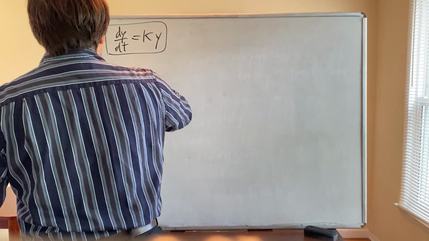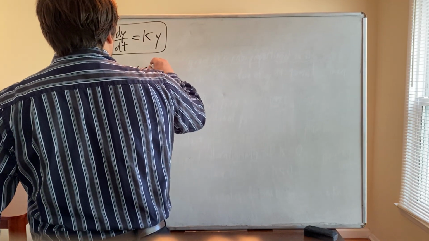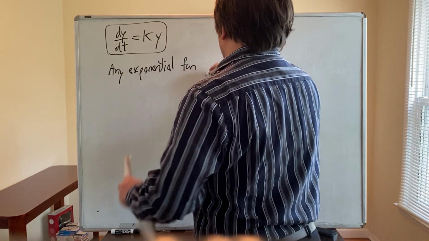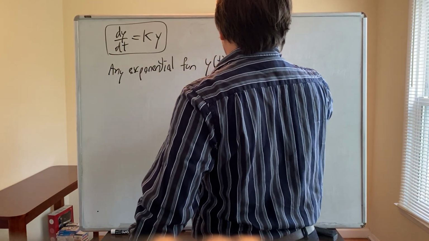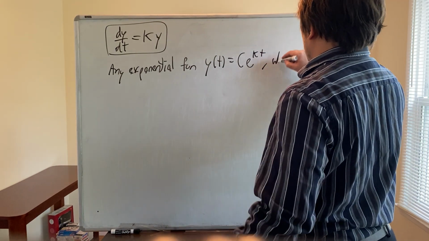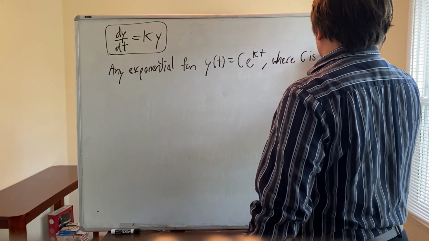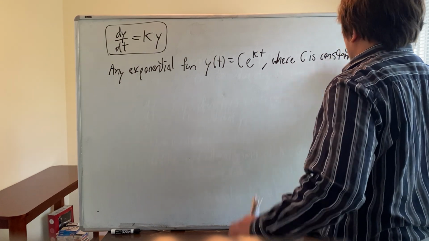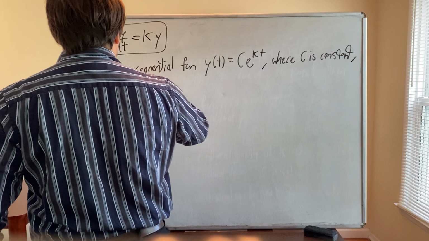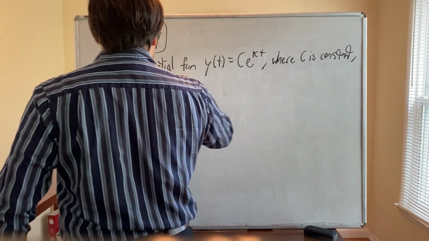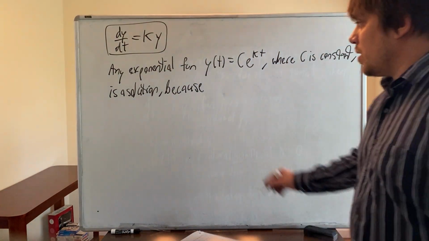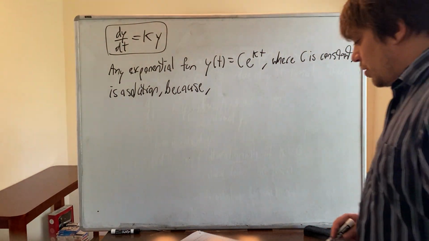So any exponential function y of t is equal to c e to the kt, where c is a constant, is a solution to the above differential equation. And so now we just have to see that it solves that differential equation.